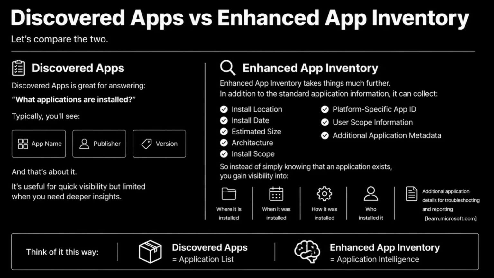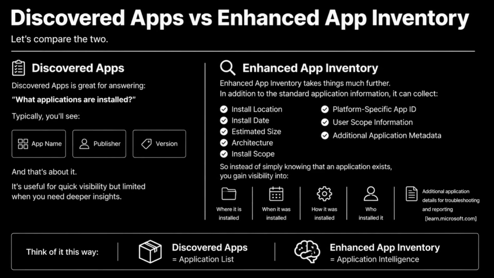On the other hand, enhanced app inventory takes things much further. In addition to the standard application information, it can collect the installation location, install date, estimated size, architecture, install scope, platform specific app ID, user scope information, and additional application metadata.